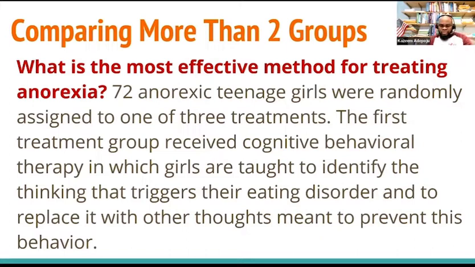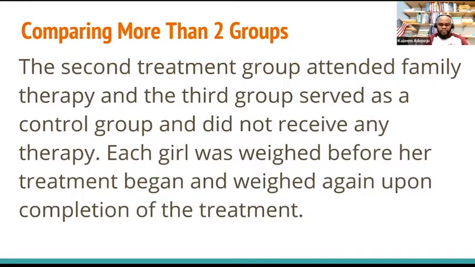The first treatment group received cognitive behavioral therapy, in which girls are taught to identify the thinking that triggers their eating disorder and to replace it with other thoughts meant to prevent this behavior. The second treatment group attended family therapy, and the third group served as a control group and did not receive any therapy. Each girl was weighed before treatment began and weighed again upon completion of the treatment.